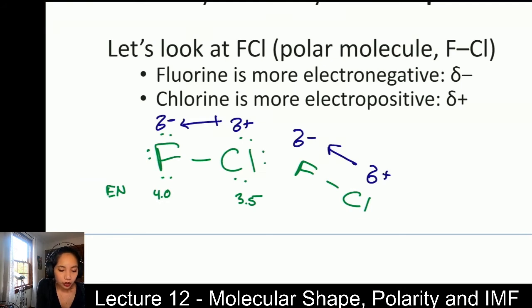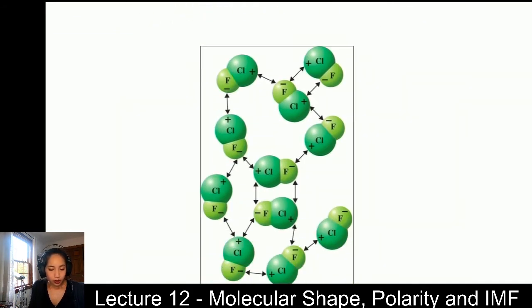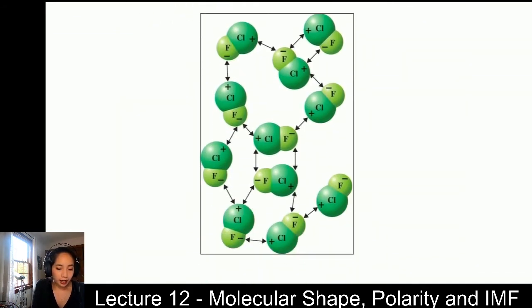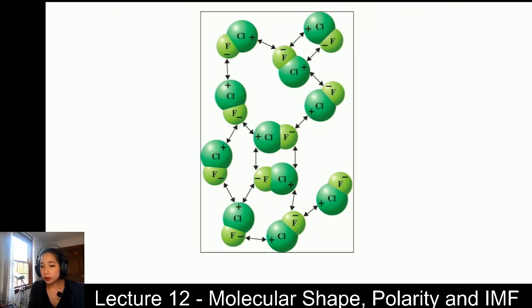You can see how those positive and negative ends are attracted towards one another. That's the stickiness we're talking about, a force that needs to be overcome in order to separate your molecules to turn into a gas. So here is a fluorine monochloride sample.